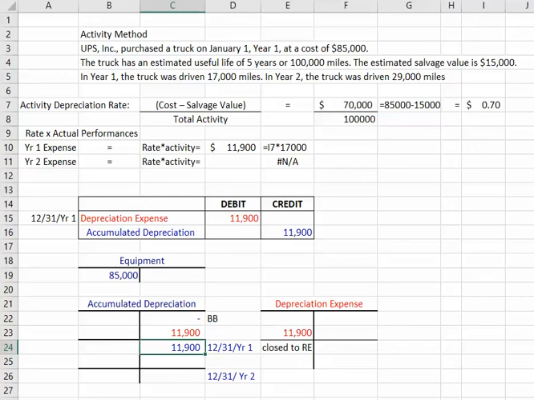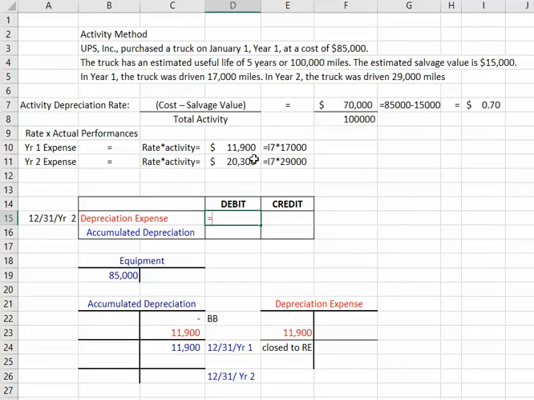Now, when we get to year 2, let's change this. What we will record, do away with this entry for now, is you're going to use the same rate that you calculated. It's going to stay the same, and multiply it by, in this case, more miles driven, so the expense is going to be higher in year 2.